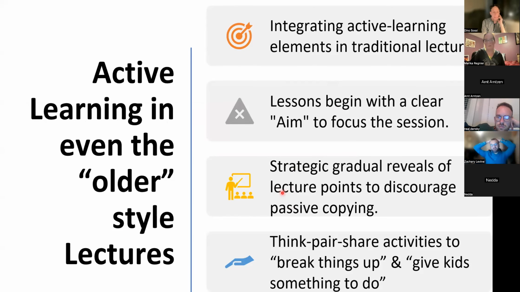But even with this person, thinking about him and the department as a community of practice, he generally has these active learning elements in traditional lectures, although not every day, but he does always have this clear aim.